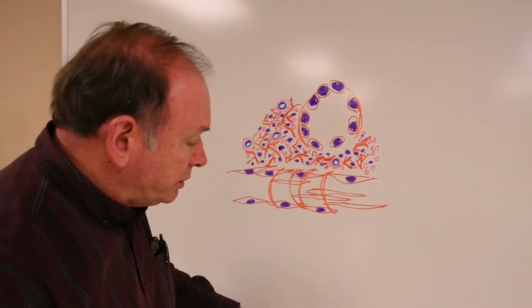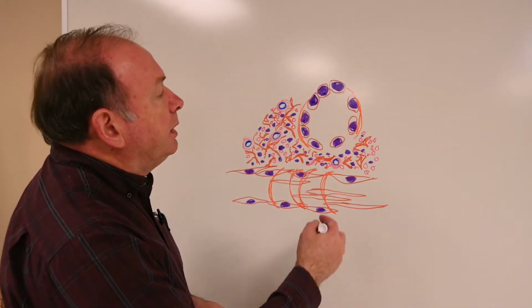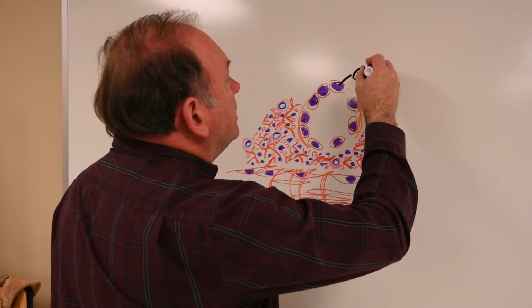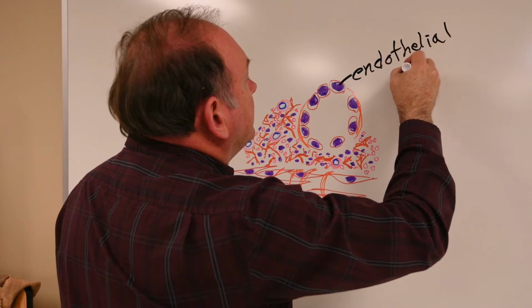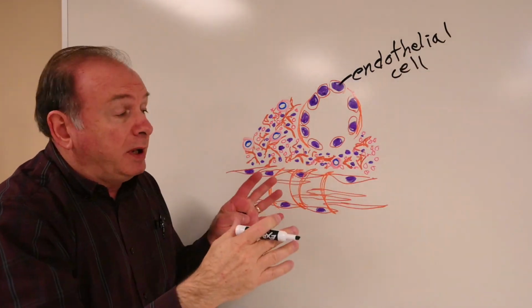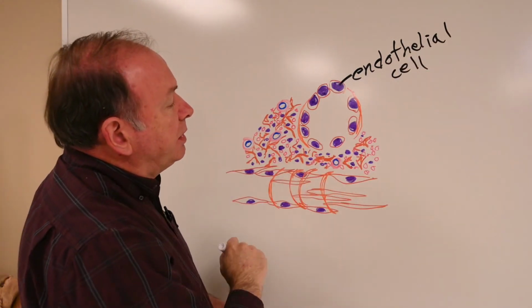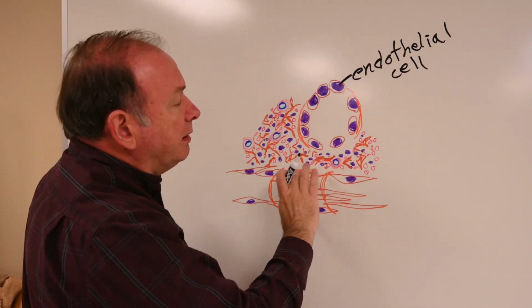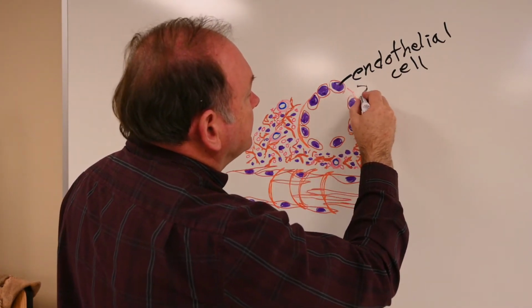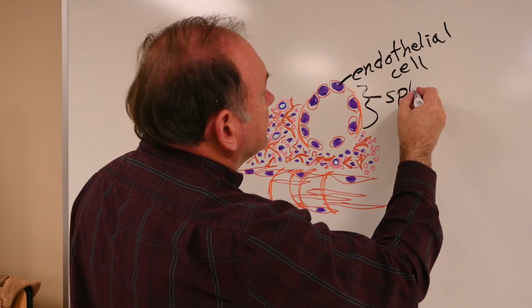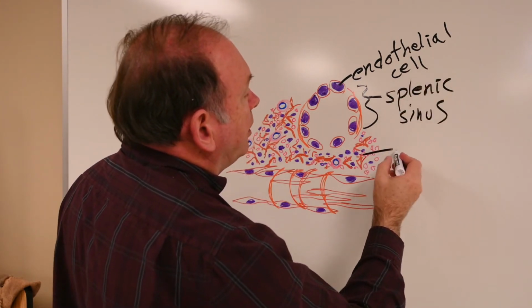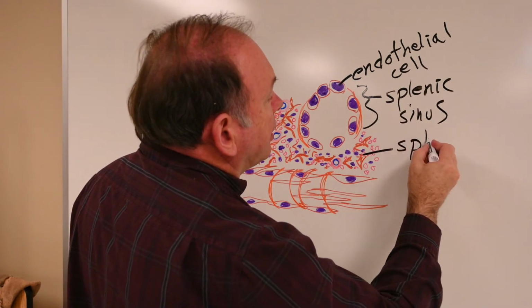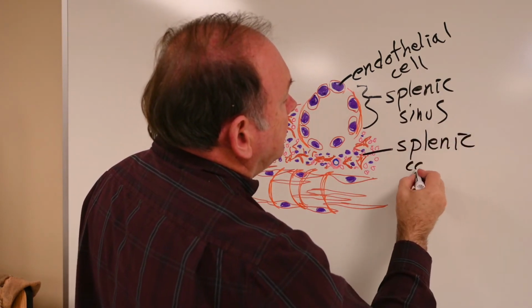You'll be looking for these special endothelial cells. Go ahead and label this. They have gaps between them. They're not tight together, as we saw here. They'll be at the perimeter of your splenic sinus, this splenic sinus. This part here would be our splenic cord material.